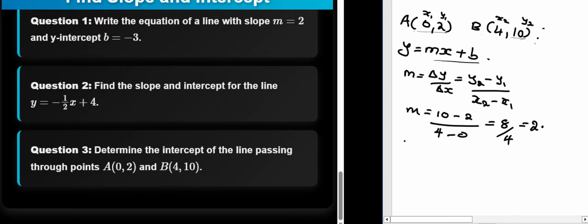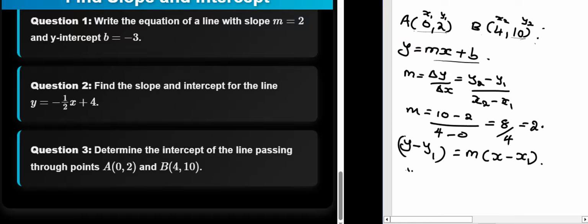So I can say y minus y1, where y1 is 2, is equal to m into x minus x1. That's how we find the y-intercept.